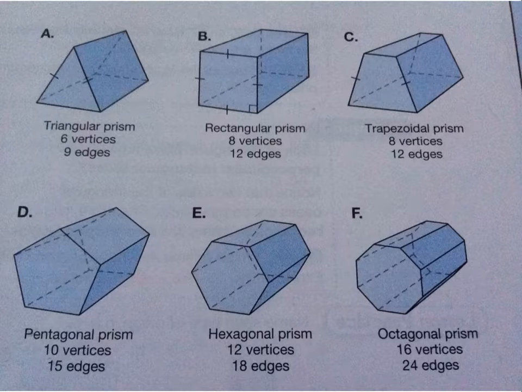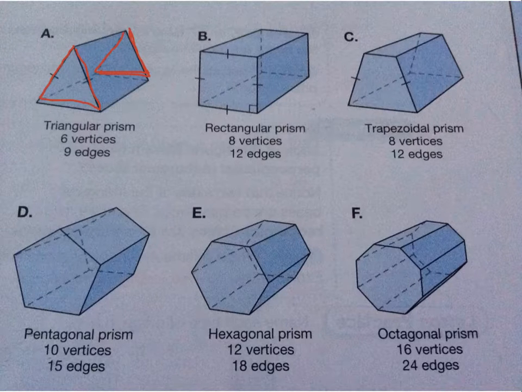Now, let's take a look at A, the triangular prism. If you will notice, right here is a triangle. Over here is the parallel triangle. Remember, they must be parallel and congruent. So that is showing you that that's a triangular prism.